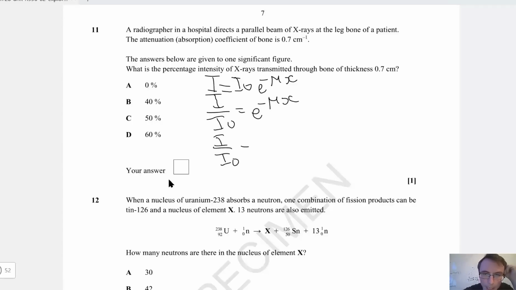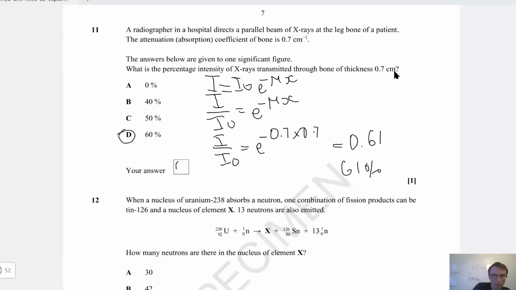Well, this will just be equal to e to the minus 0.7 centimeters multiplied by 0.7 per centimeter, so it doesn't really matter what the units are here, because centimeters to the power minus 1 will cancel out with centimeters. So what are we going to get? Let's plug this into our trusty calculator, and we're going to get that I over I naught is around 0.61, which is around 61%. Closest answer seems to be D.